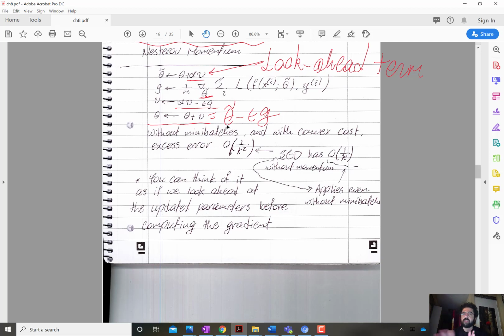And remember, the excess error is basically the training error that is added from not finding the optimal solution. So it's the training error of the solution found at the kth training iteration, minus the best training error that you can get across all the parameter space.